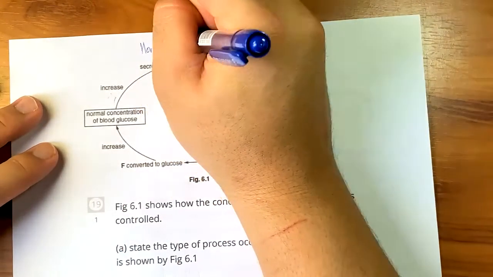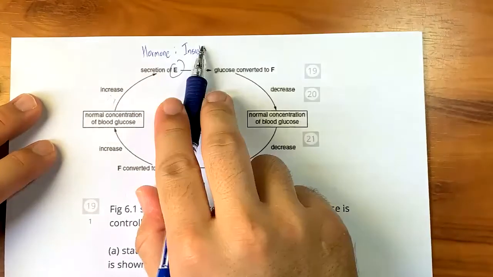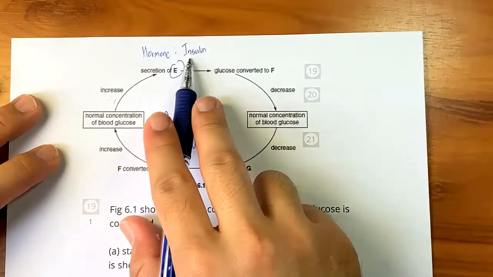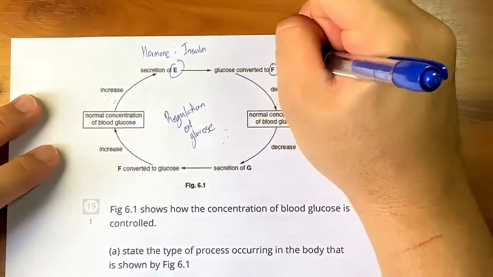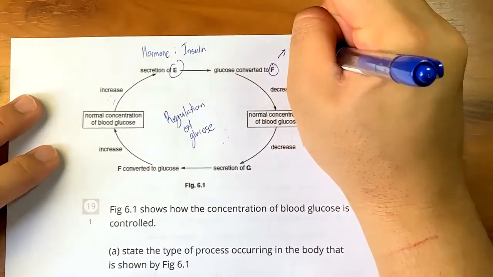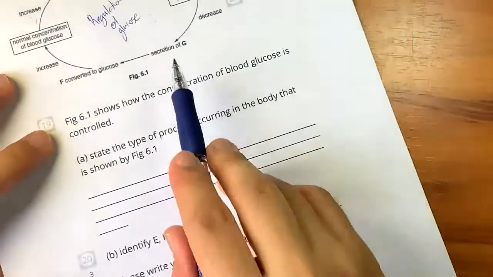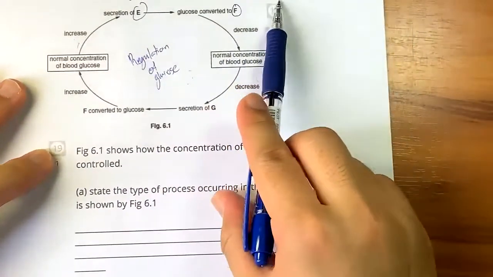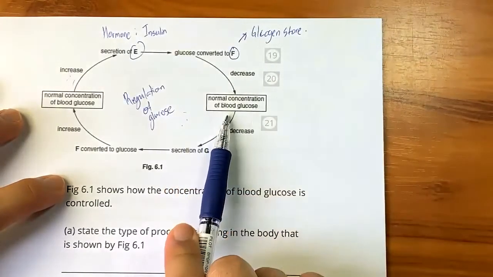Okay, what is the hormone? Insulin. Okay, and what does insulin do? They will convert glucose into glycogen. Okay, and if they convert it to glycogen store, as a result, the normal blood glucose concentration will return.